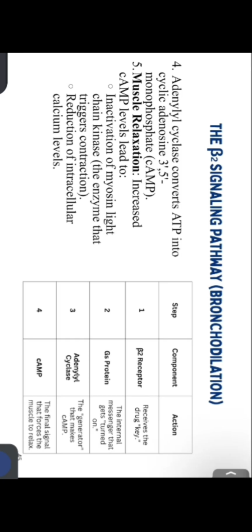The rise in cAMP leads to smooth muscle relaxation by inactivating the myosin light chain kinase, the enzyme that normally starts the contraction process, and by decreasing intracellular calcium levels. This process results in the opening of the airways and improved mucociliary clearance. So always remember that beta 2 is for bronchodilation.